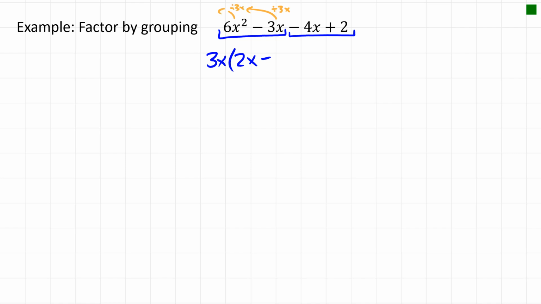Well, 3x divided by 3x is 1, so it's really important that I keep that 1 in the bracket. And then in the second pair, so I'm going to separate the two pairs with a plus sign, I'm going to factor off negative 2.